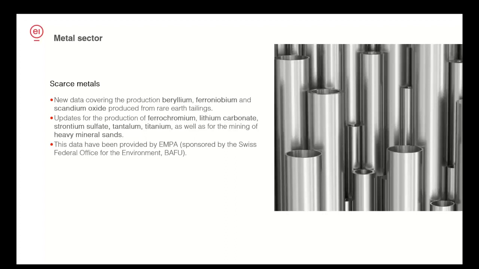There is now new data available for the production of beryllium, ferroniobium, and scandium oxide produced from rare earth tailings. And there is also updated data for the production of ferrochromium, lithium carbonate, strontium sulfate, tantalum, titanium, and for mining of heavy mineral sands.